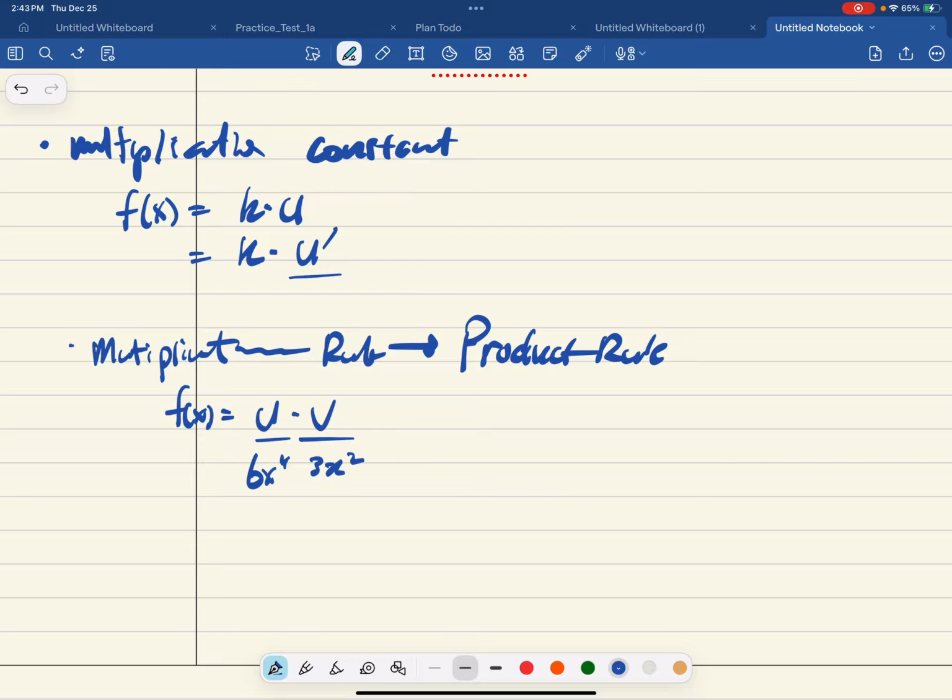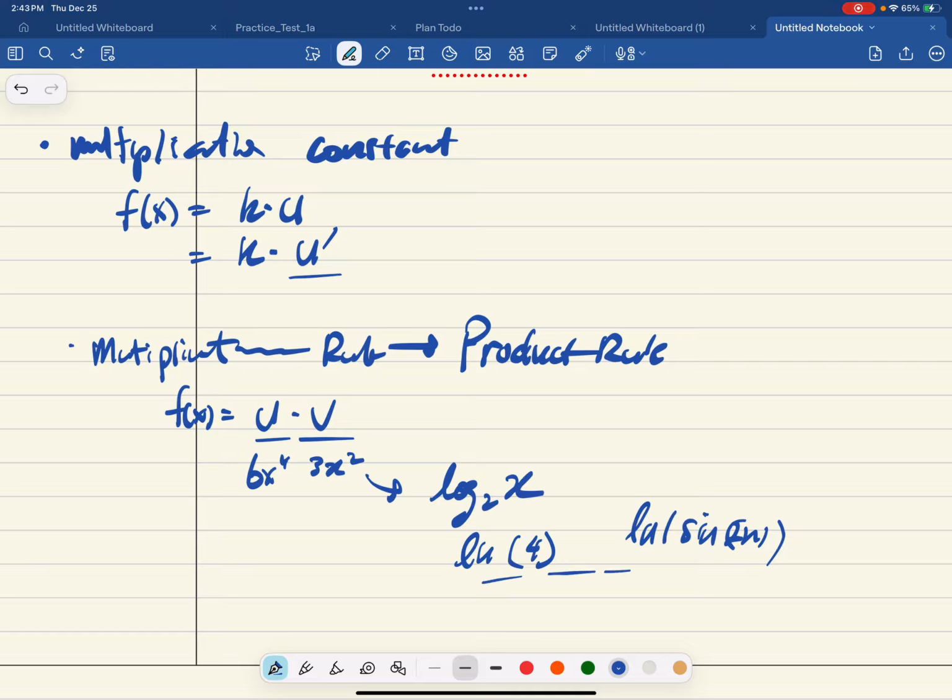I'm giving x expressions, but it can totally be other stuff. It could be log x, it could be ln of 4, it could be ln sine 2x. It could be as complicated as they want.